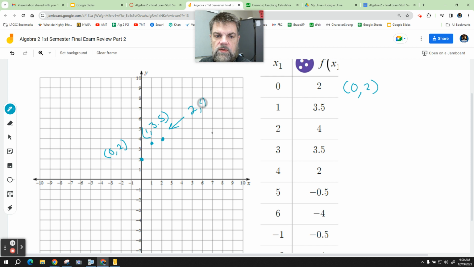And then at 3, I've got 3.5. In other words, when I plug in 3 for x, my y value will be 3.5. When I plug in 4, my y value will be 2. When I plug in 5 for x, I get negative 0.5, which is about right here.